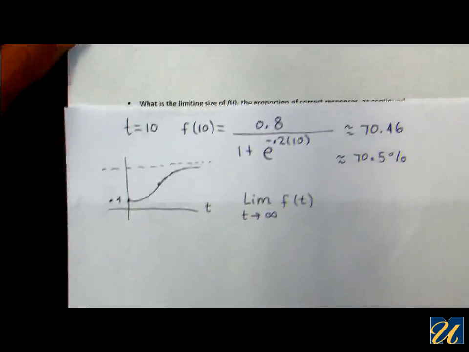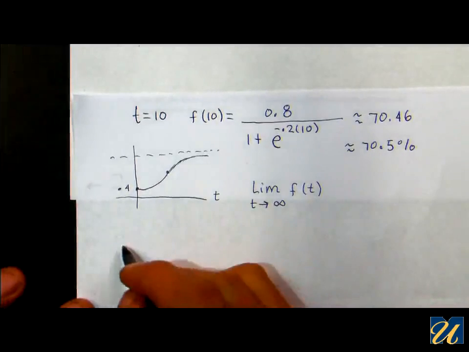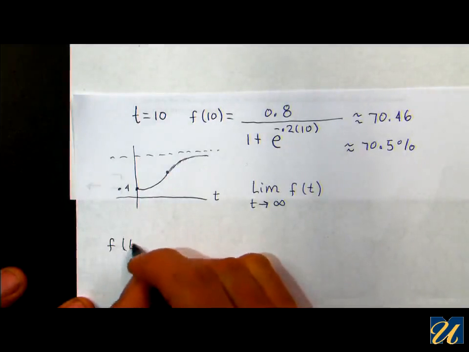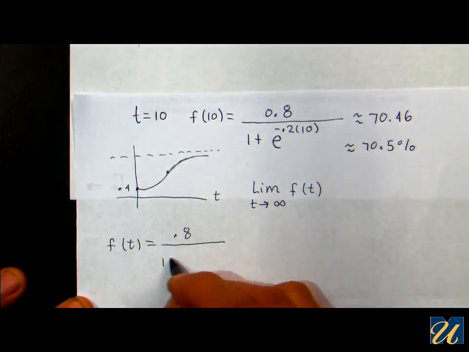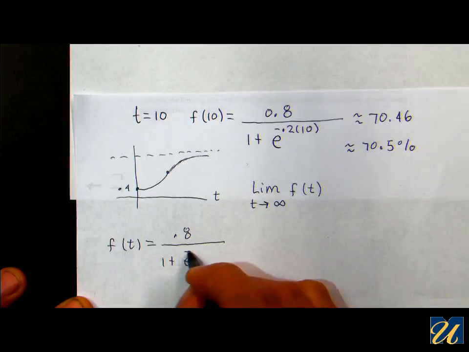Let's write down f of t here off to the side. So f of t was 0.8 divided by 1 plus e to the negative 0.2t.